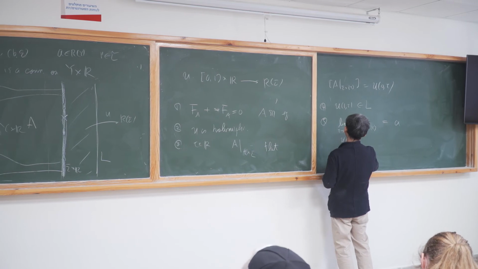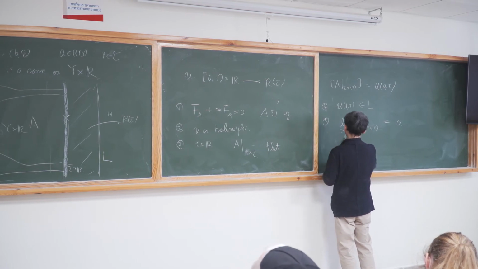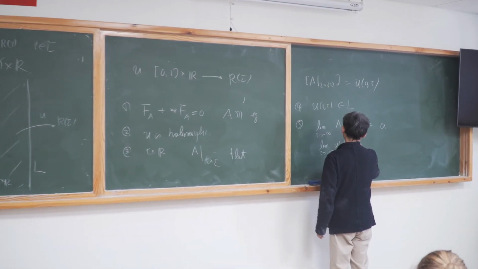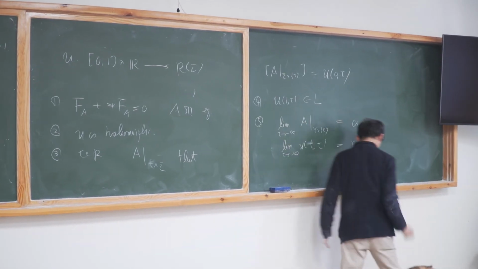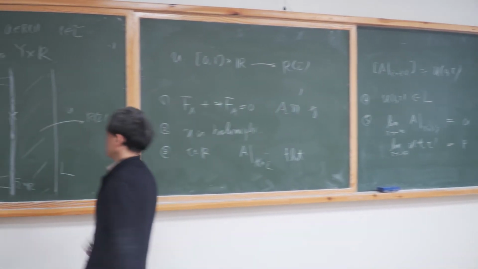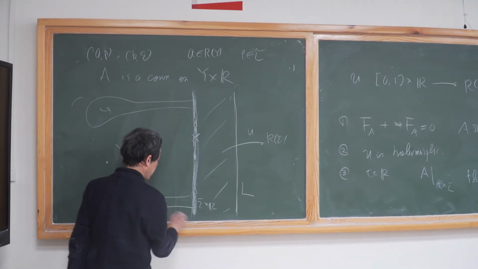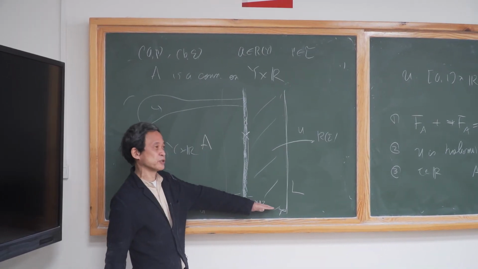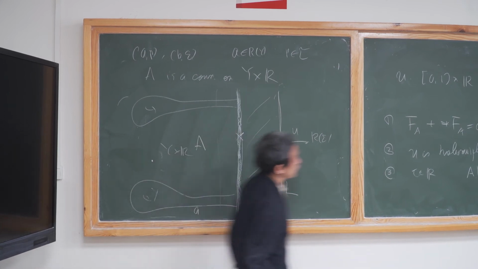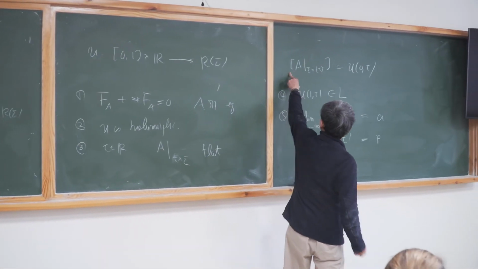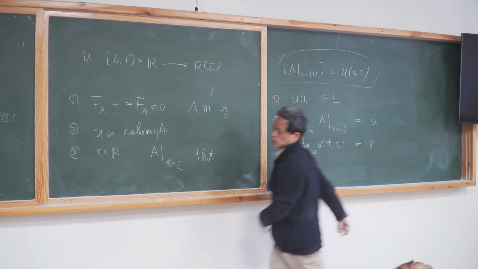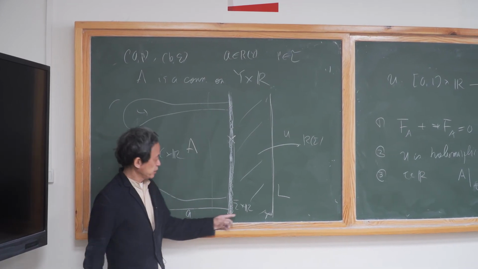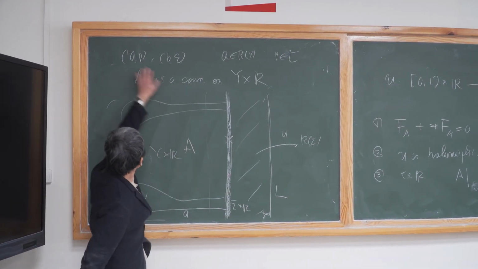Then the next thing is U, the limit as tau goes to minus infinity of U T tau, and this is supposed to be P. So in this limit, we have this A and P. This part goes to the flat connection A, and this part goes to the flat connection P. And you see that this condition shows that it should match here. It means that the restriction of A to sigma is P. That is exactly the assumption we put here.